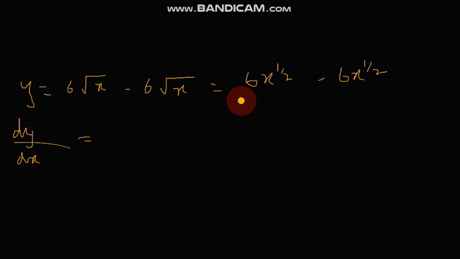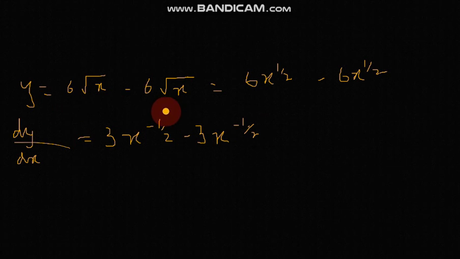Okay, so we know that half, which is the power of x, will multiply with the coefficient, so this will become half multiplied with 6 is 3x, and half minus 1 is minus half. Okay, in the same way we will do this. We know that half multiplied by minus 6 is minus 3x, and 1 over 2 minus 1 is minus half. So this is our differentiate for this equation.